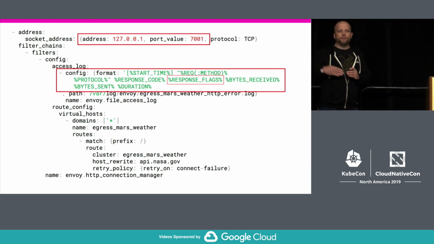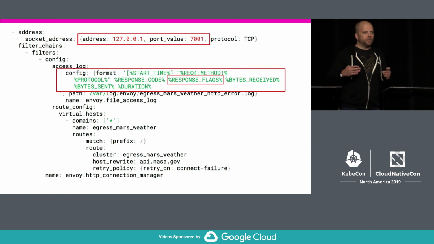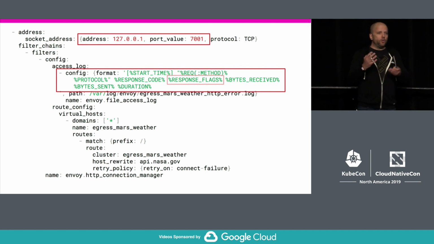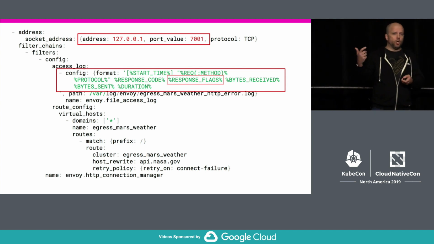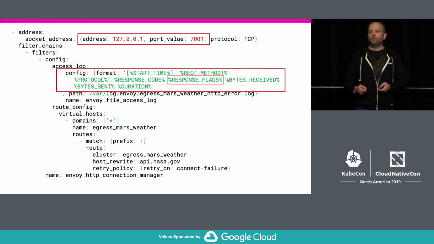You hit an endpoint and you get a 404. The natural question is, was it Envoy that gave me the 404, or was it the remote service that gave me the 404? If all you have is the response code, there's really no way of reasoning or disambiguating these things. But with the response flags, you can reference them against the codes documented in Envoy and understand precisely who was responsible for returning that code.